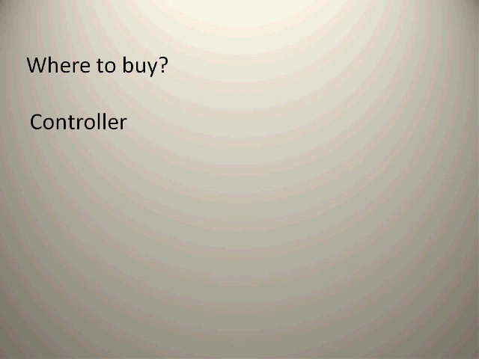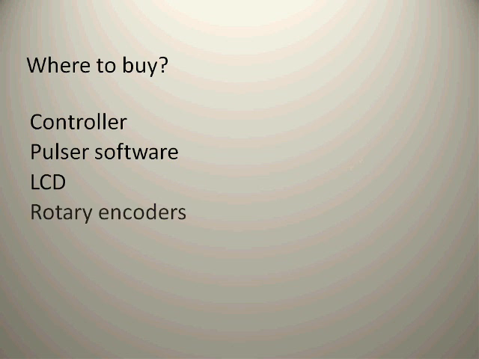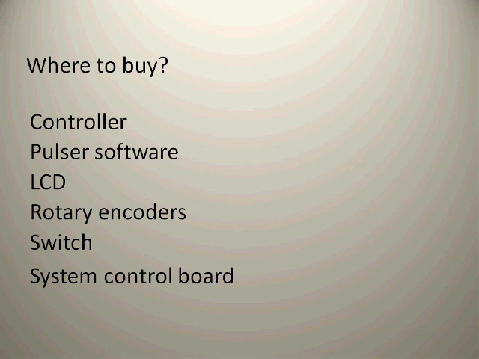And now the question is, where do you get the components from? Let's make a list. You need a controller, you need the pulse software, or let's call it the firmware. You need the LCD display, you need the rotary encoders, you need one or more switches, and you need a system control board.